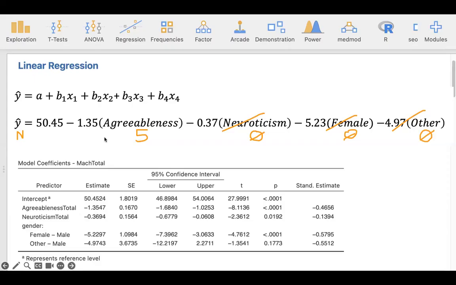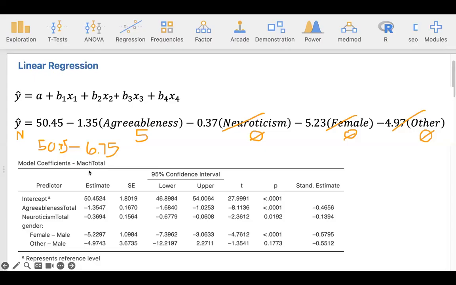And then agreeableness, if I multiply agreeableness by 1.35, so 5 times 1.35, what I'm going to do is subtract 6.75 from this 50.45 right there. And so if I do that, I get that my predicted Y, or my predicted neuroticism, would be 43.7.